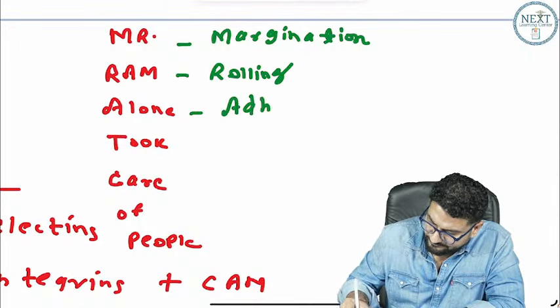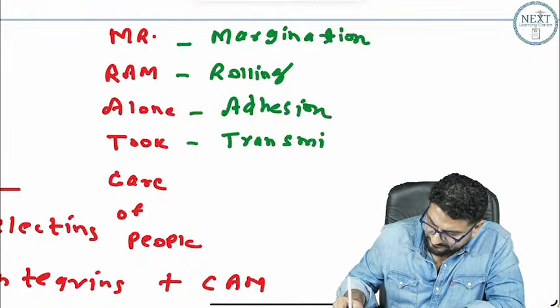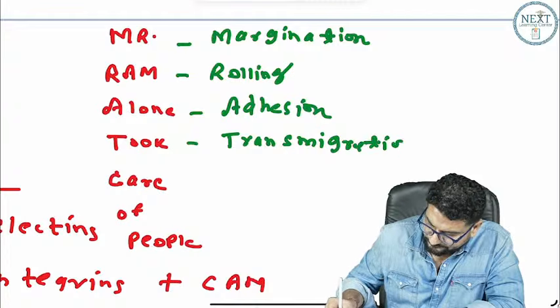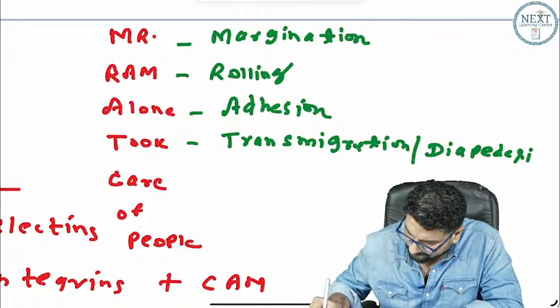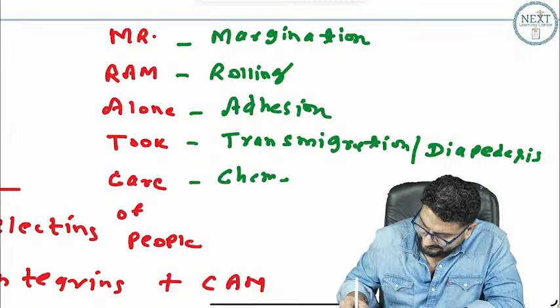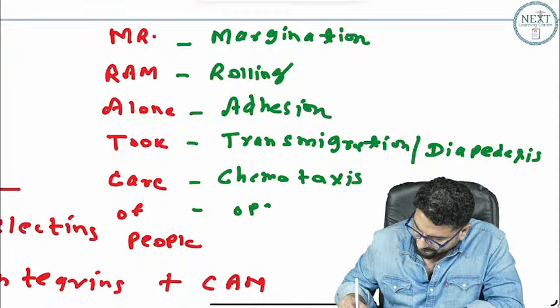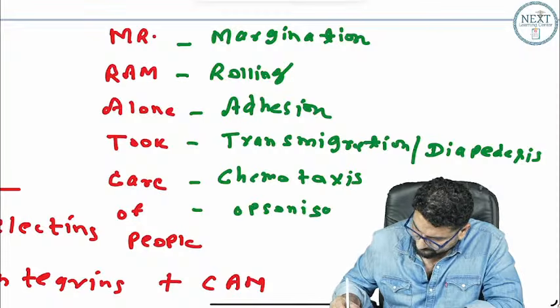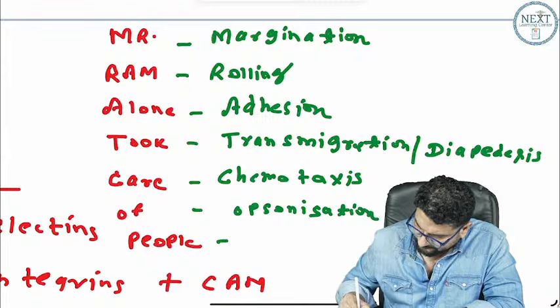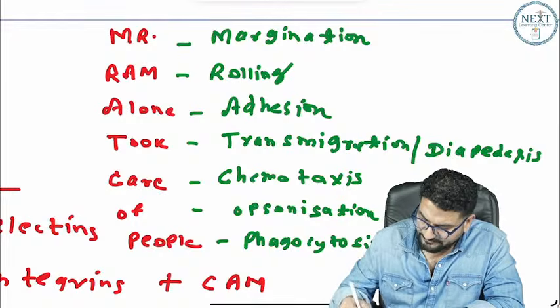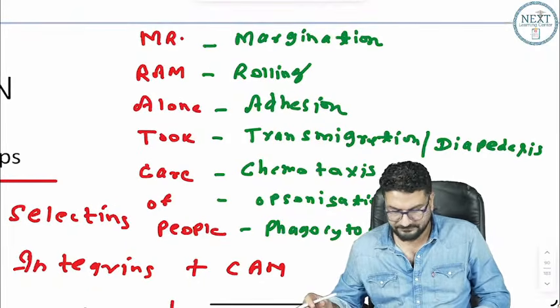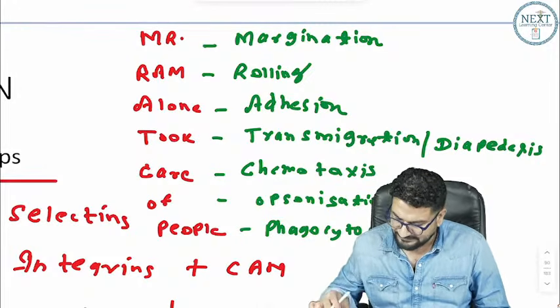A is adhesion. Then what do we have? We have transmigration, also called diapedesis. C is chemotaxis. O is opsonization. And P is phagocytosis. Simple. So margination, rolling, adhesion. Done. So this is about all the steps.